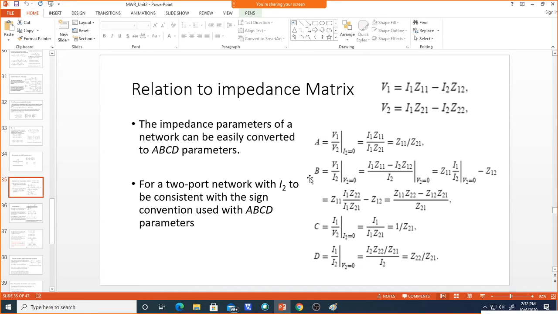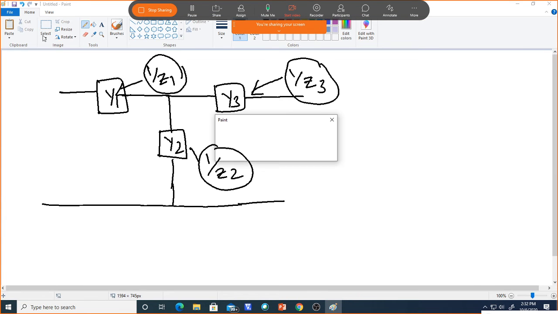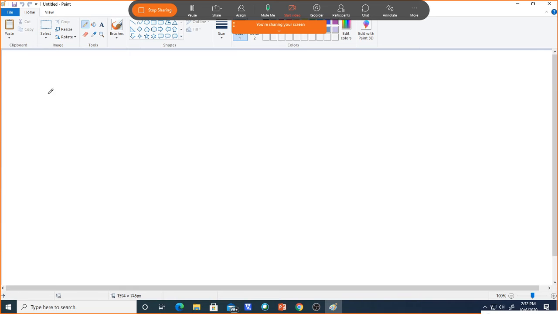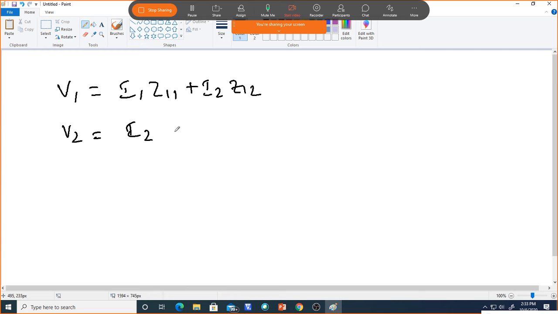Similarly, you can find B. What is B? V1 by I2 when V2 equal to 0. So we will do that. Now V1 equal to I1 Z11 plus I2 Z12, and V2 equal to I1 Z21 plus I2 Z22. This is the impedance equation.